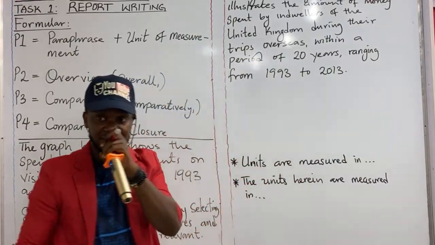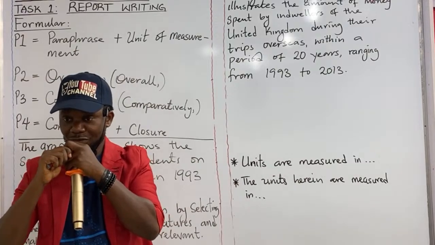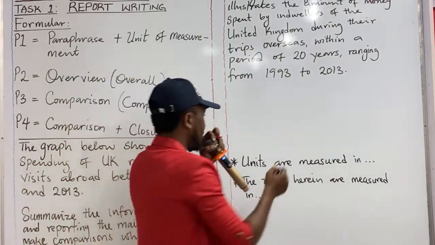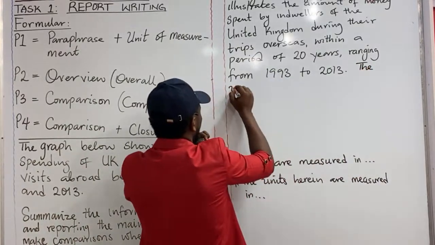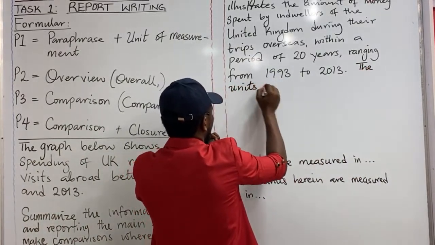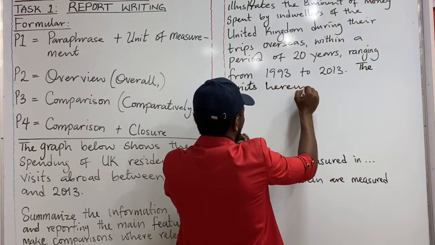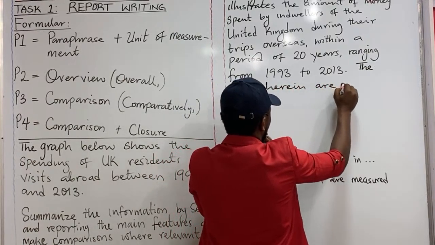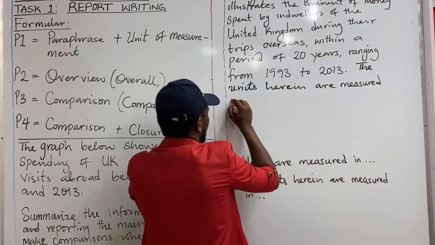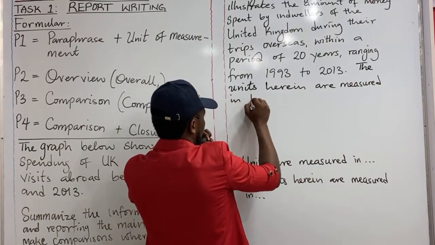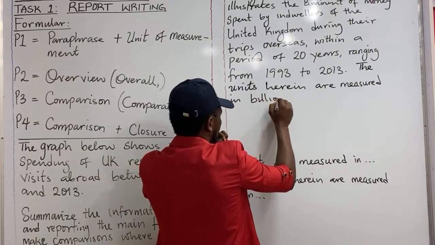The first or second? Let's use the second. So we're saying the unit here are measured in what? Billions of dollars. Of pounds, sorry.